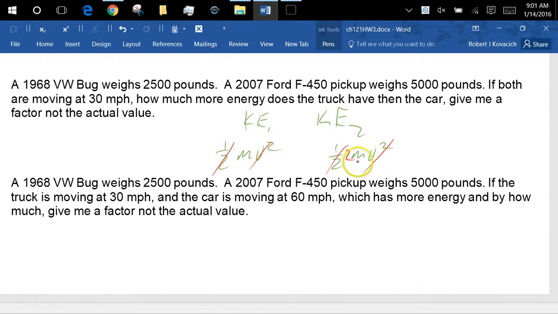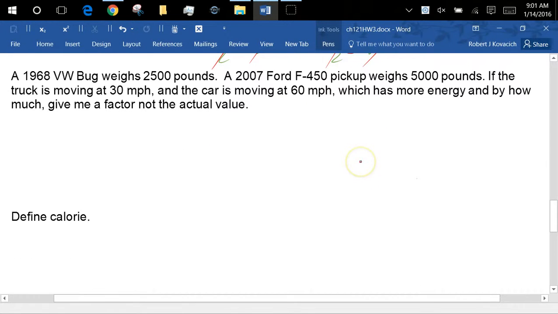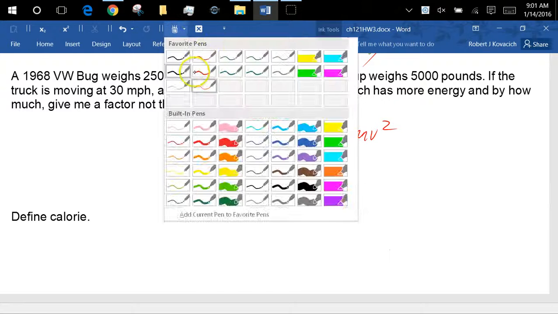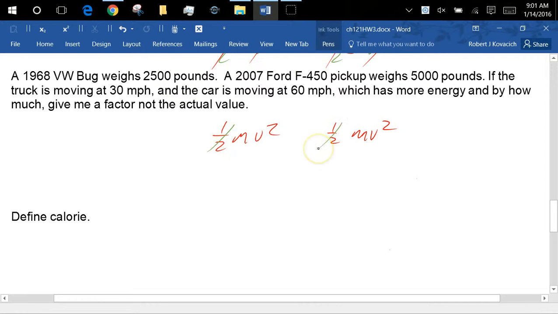So let's do this again down here. I've got 1/2 mv squared and 1/2 mv squared. We'll do the same thing. Since the half is there, we'll cancel both of those out. Now I can't cancel either of the masses or the velocities out. I still have a 2 for my truck. So the truck is twice as massive, so I'll have twice as much kinetic energy.